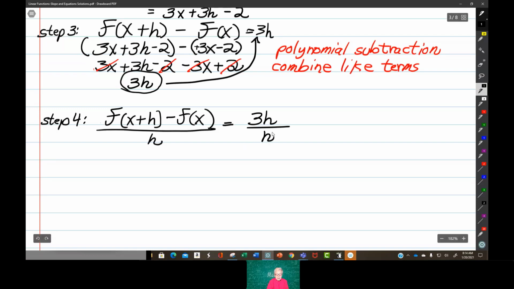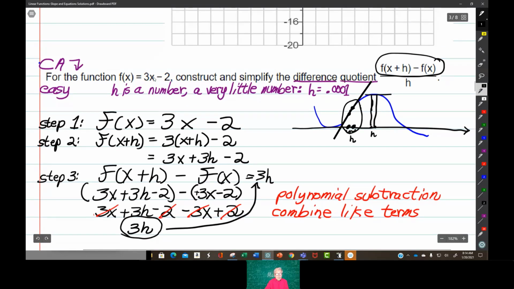Divide by h. The h's cancel. The answer is 3. Of course it's 3. You knew that before you started. F of x equals 3x minus 2 is just y equals 3x minus 2. This is slope-intercept form. This is the slope of the line. This is a straight line, and this is the slope of the line.